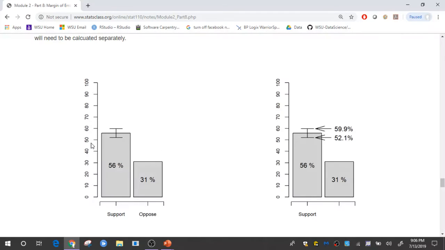So it's going to stay above 50%. A majority would simply be over 50%, and I'm 95% certain that this bar is going to stay above 50%. In fact, I'm 95% certain that it's going to stay above 52.1%.